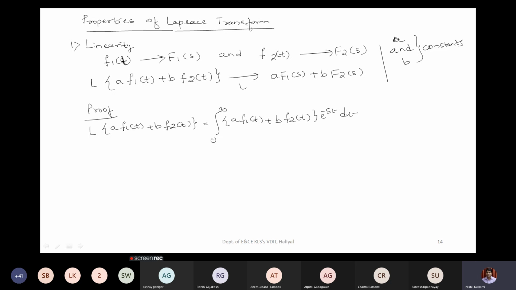So if you split them one by one, I can write the integral from 0 to infinity of a into f1 of t into e to the power minus st, plus the integral from 0 to infinity of b into f2 of t into e to the power minus st dt.